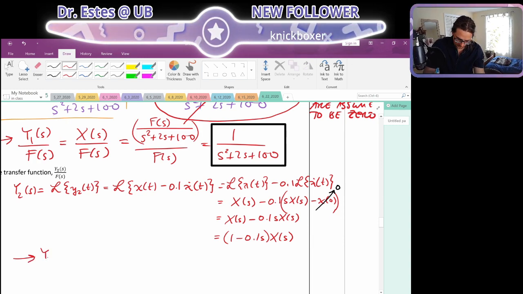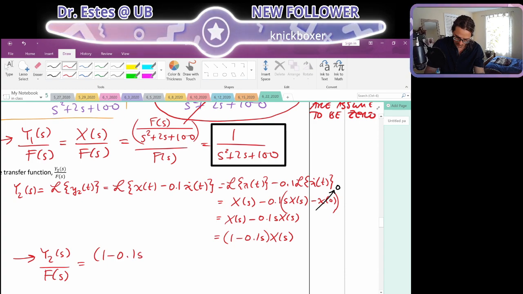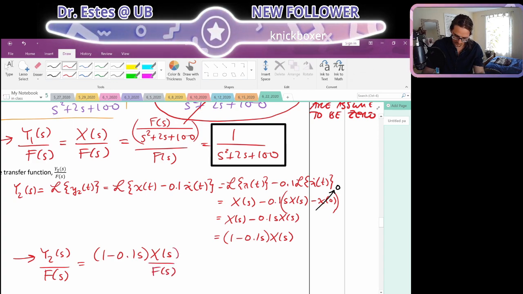So let's get the transfer function. y2 of s over f of s is (1 minus 0.1 s) times x of s over f of s.